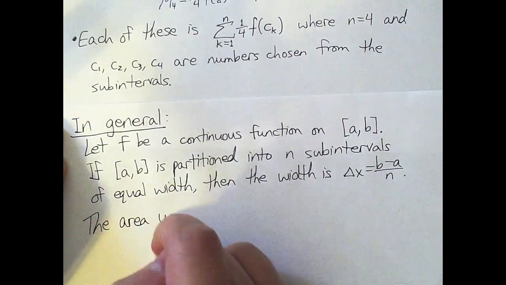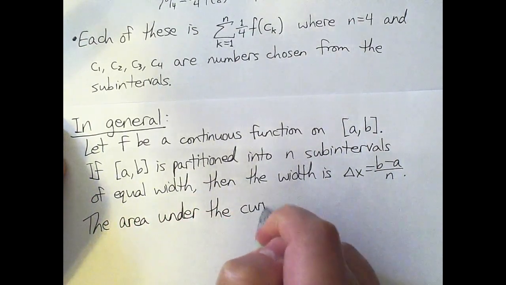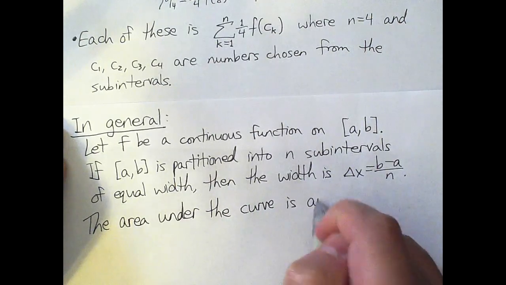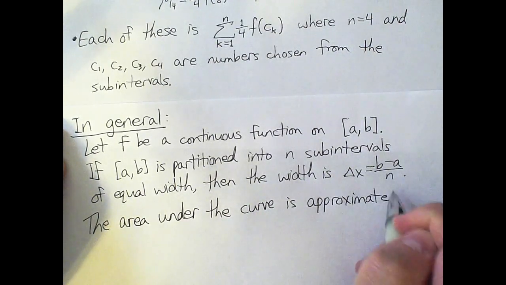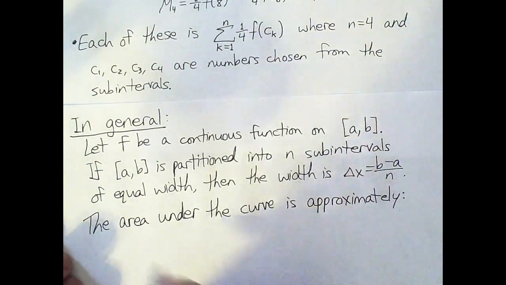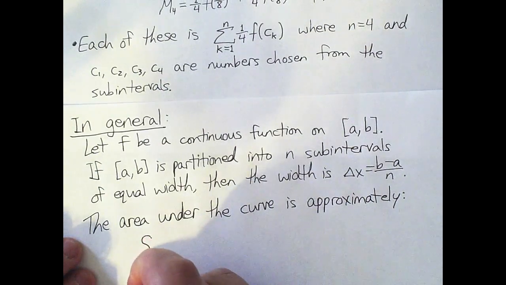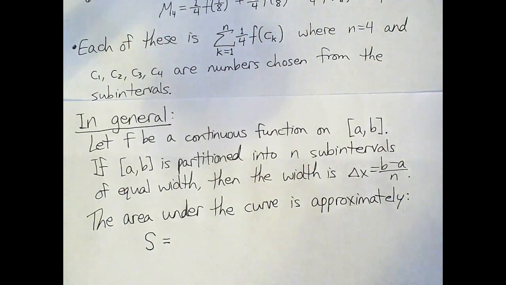The area under the curve is approximately, I'm going to use the letter capital S. The reason I'm using S is because I don't want to call it A. Remember, last time we used a capital A for area, but when we used capital A, we were talking about the exact area.